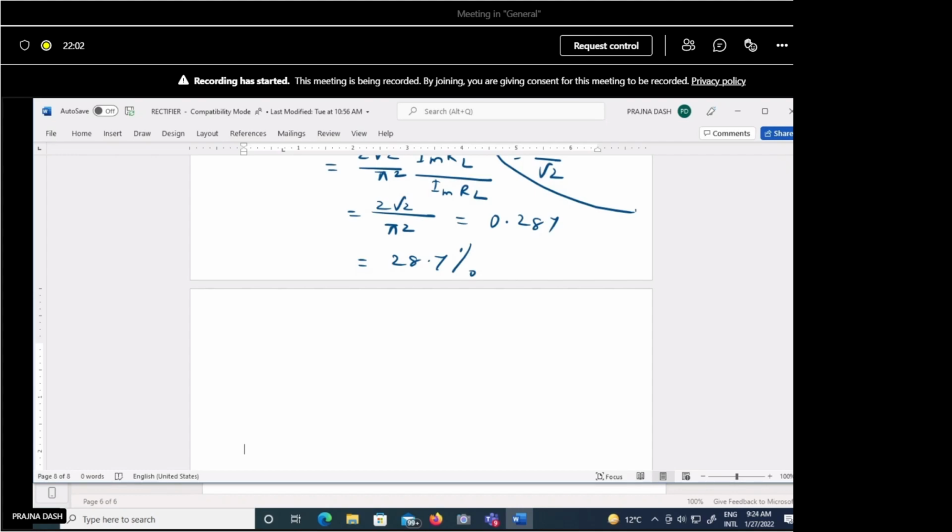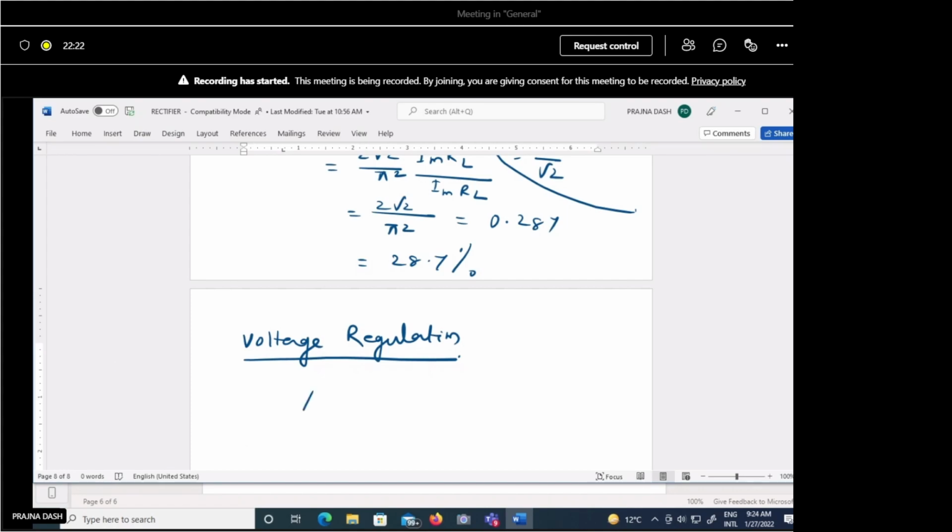And one more parameter is the voltage regulation. Actually, this voltage regulation is the variation of the DC output voltage as a function of the DC current.